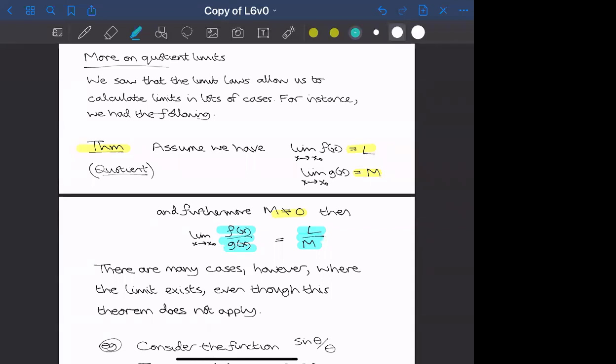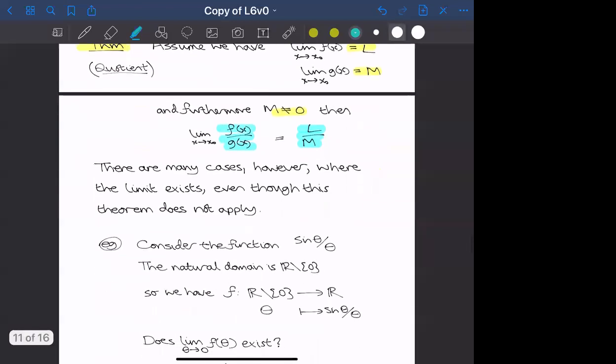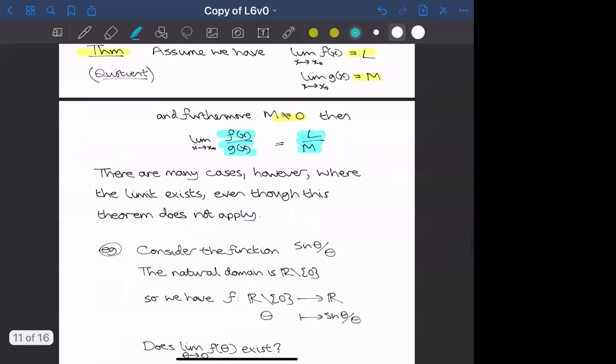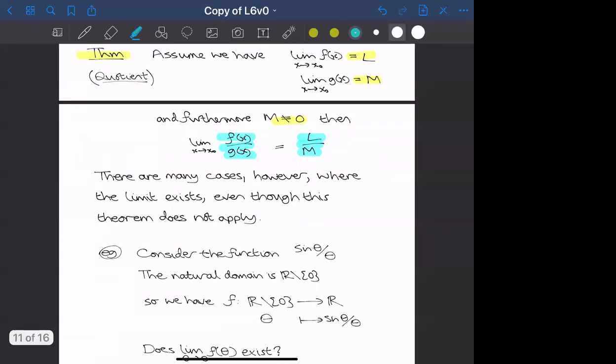So you might think that if this theorem doesn't work, then the limit does not exist, but that's not true. There are many cases where the limit exists, even though the theorem doesn't work. So let's take the function sine theta over theta. So the natural domain for that function is R with 0 removed, because sine theta is defined for any R, and we can't divide by 0.